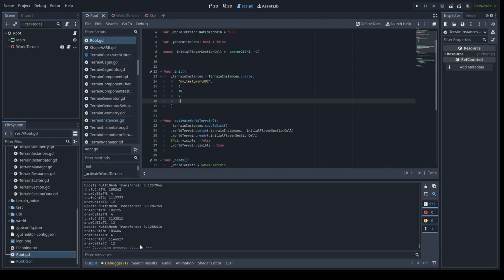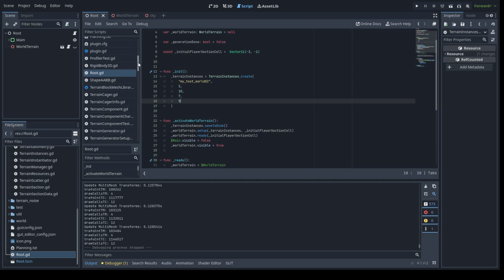Assets come later. We have the sizes in my script, and I start here with the MultiMesh approach. So the terrain cells, the voxels, the cubes, are rendered with the MultiMesh approach.